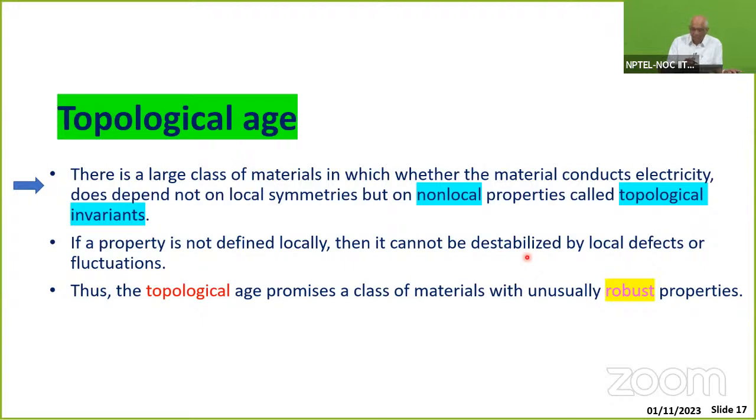What that means is this topological property is very robust against any external perturbations. So the topological age now promises a class of materials with very robust properties which were not expected before.